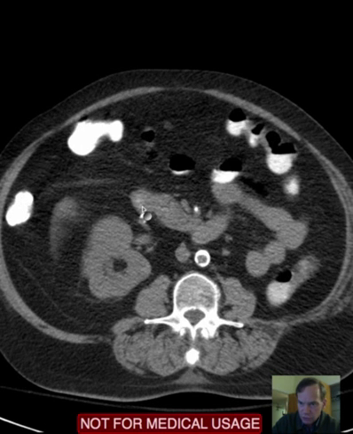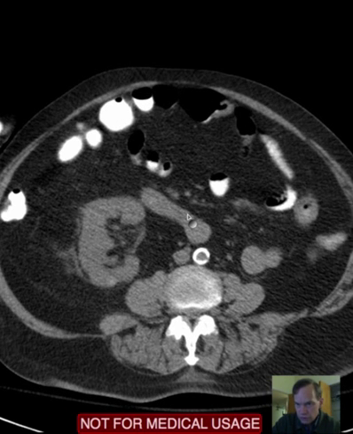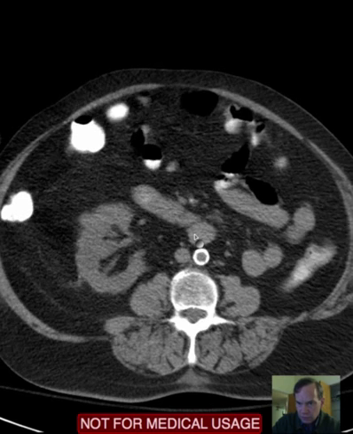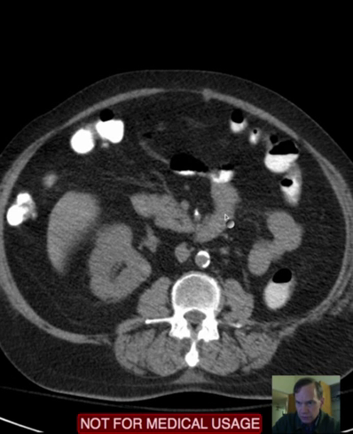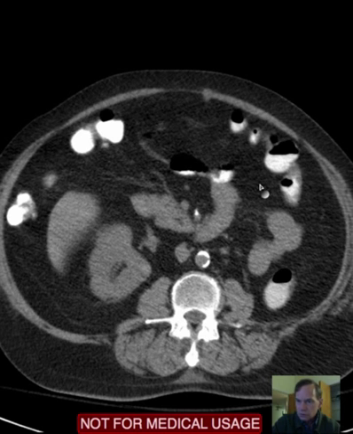Then you have the second portion of the duodenum, which is right next to the pancreatic head. And then that turns this way as the third portion of the duodenum, and then that courses superiorly as the short fourth portion of the duodenum, which transitions at the ligament of Treitz into small bowel, proximal small bowel.